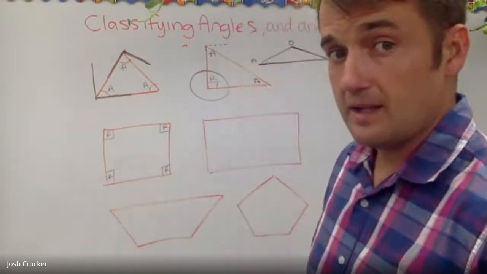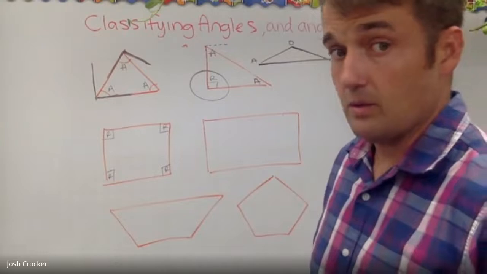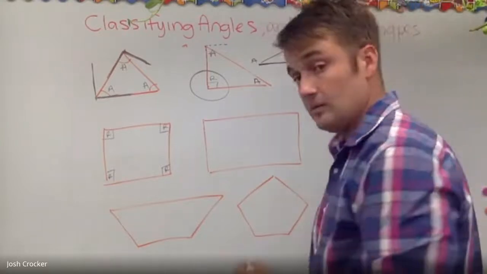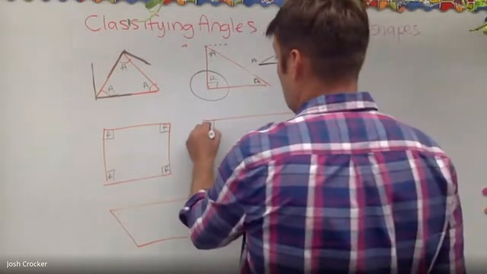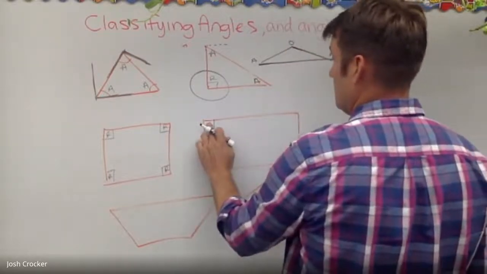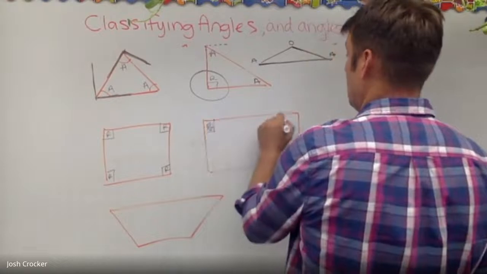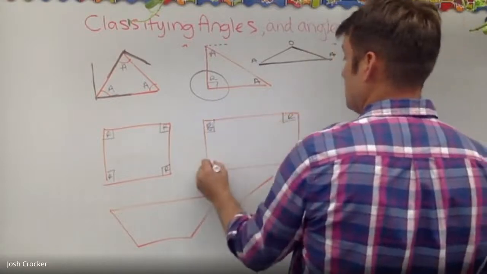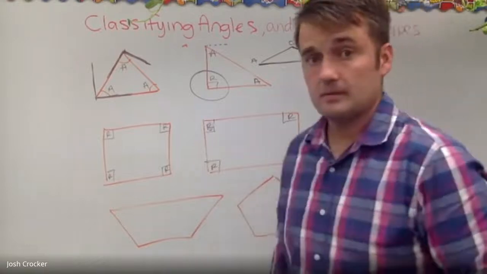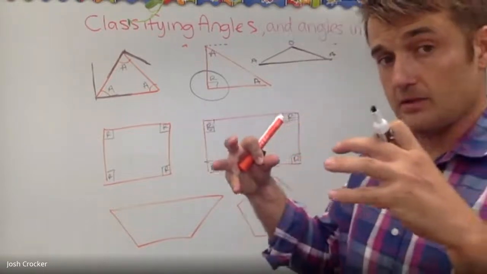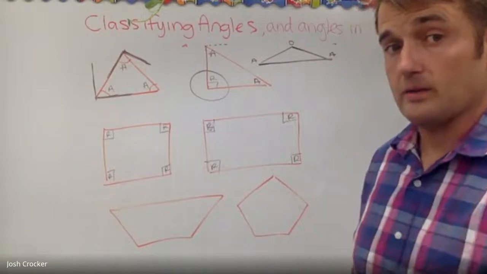All four angles in a square are right angles, or it's not a square. Same thing with a rectangle. All four angles are right angles. Squares and rectangles both have four right angles.